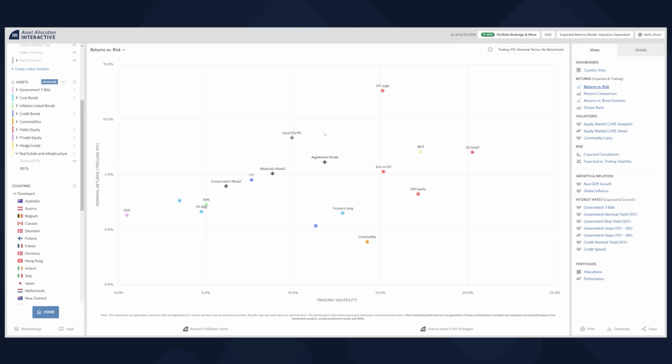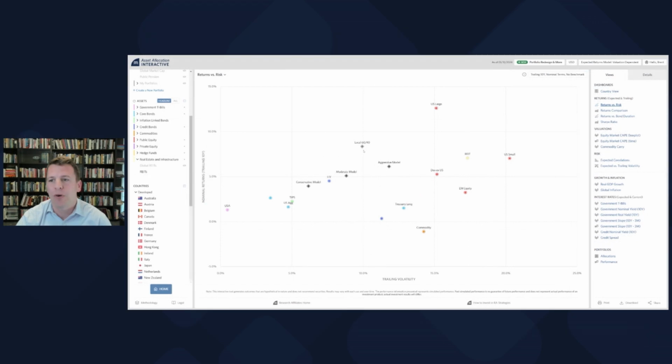In fact, the next closest portfolio I'm listing here is local 60/40, which for a US-based investor, someone in the States like myself who has USD listed as their currency, is going to be US 60/40. So on a trailing basis, the returns have been phenomenal.